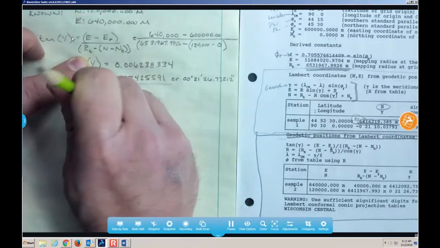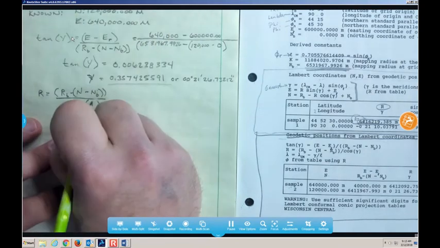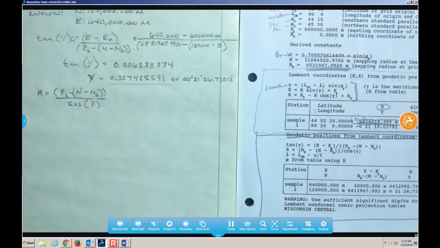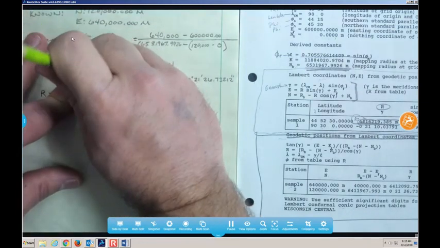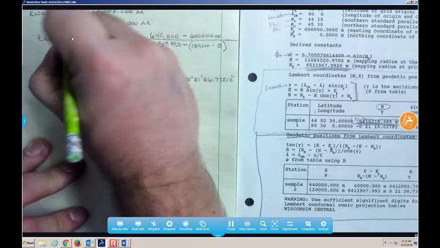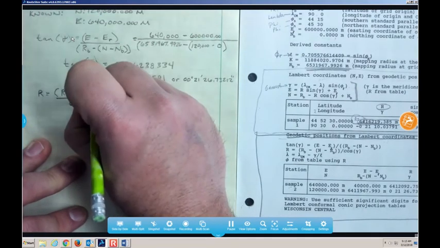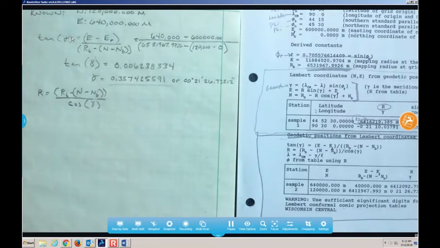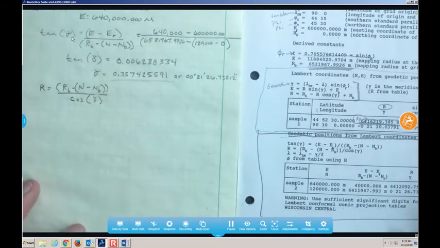I just put lambda in there. This should have been gamma here too. I was putting lambda in the whole time. Gamma.